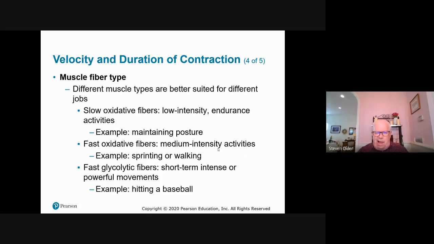Remember, glycolytic fibers don't use oxygen. So they are short-term, intense, powerful movements, like hitting a baseball, lifting up a weight. Those are fast glycolytic fibers. You don't need oxygen to hit a baseball, in your muscle anyway.